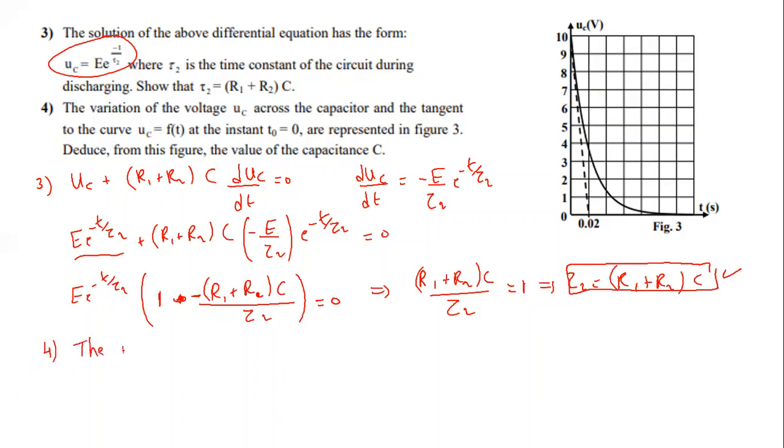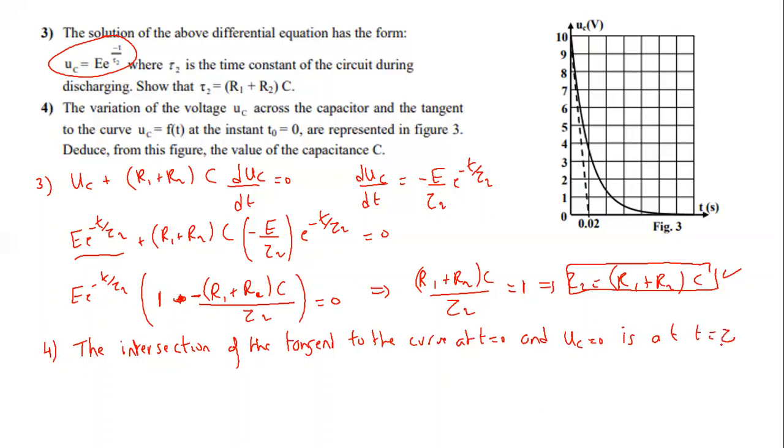The intersection of the tangent to the curve at t equals 0 with the line UC equals 0 is at which time? It is at t equals tau, and this is tau 2, which means that tau 2 is equal to 0.02 second.